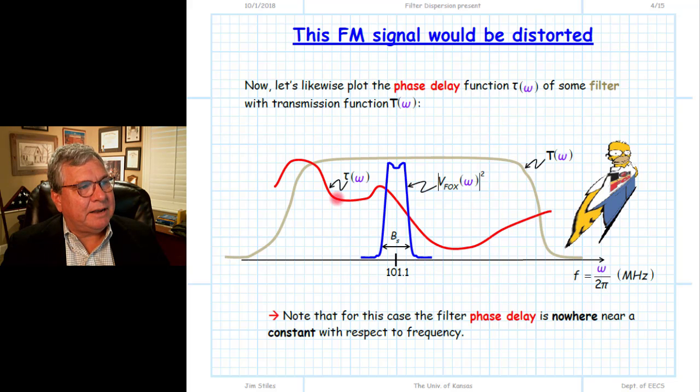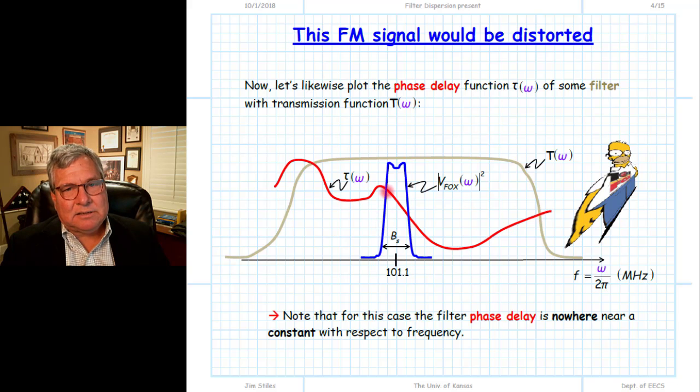Because we look at now the phase delay as a function of frequency, and we see that it changes with respect to frequency. In fact, we see that it changes quite a bit over the bandwidth of this transmitted signal. What we find is that the time it takes for a higher frequency, let's say a frequency component at 101.2 up here at the high end, it would take less time for that component to propagate through the filter than would be, let's say, a different component of our FM signal, a Fourier component at 101.0.